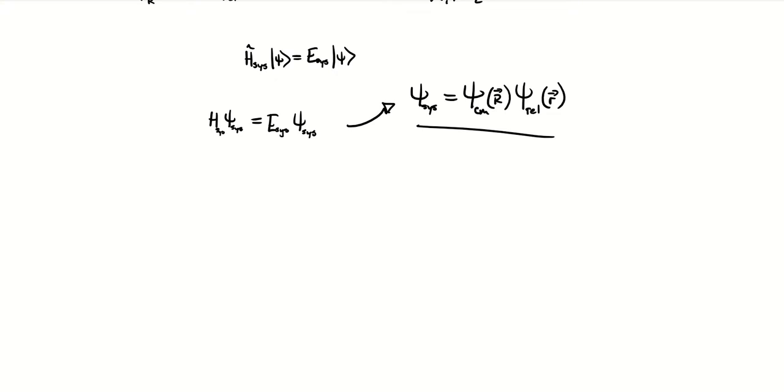Now, if we plug this separated wave function back into our energy eigenvalue equation and follow the process of separation of variables, Appendix E in the textbook actually goes over this quite well, and it's going to be part of a homework assignment for you to show this.